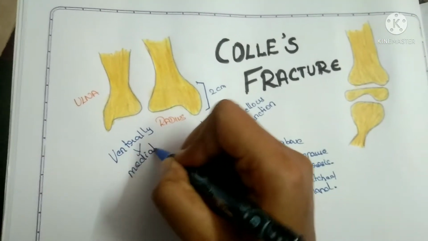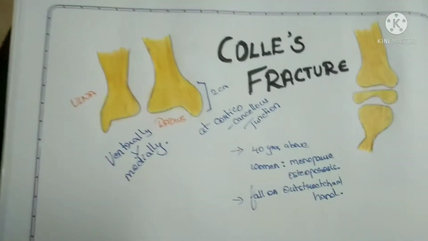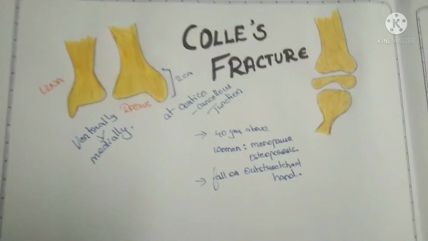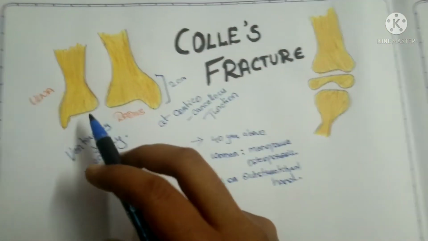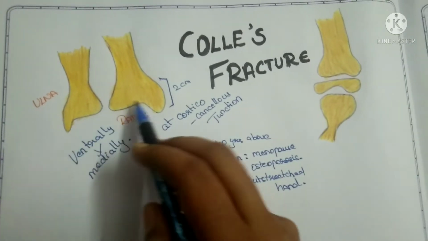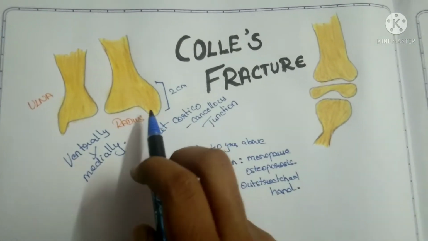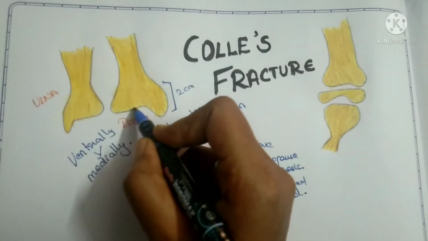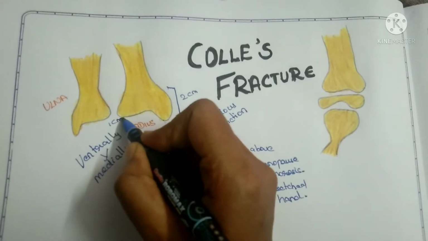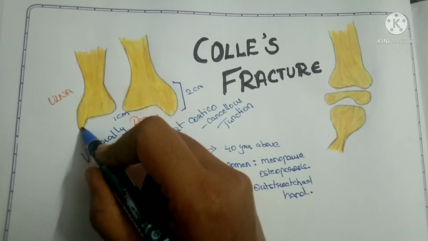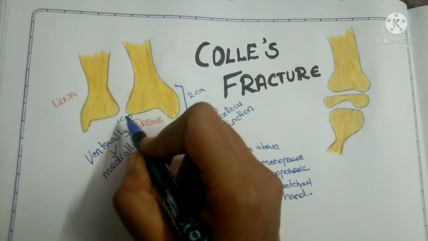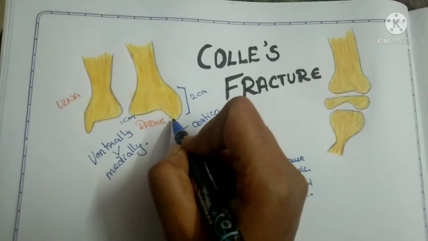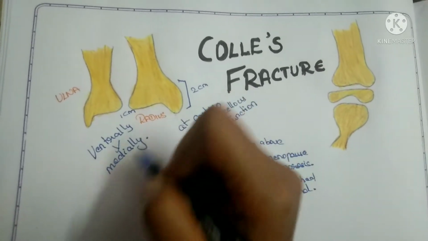And if we see the styloid processes of the ulna and radius, the radial styloid will be 1 centimeter distal to the ulnar styloid. My drawing is not that good, ignore it.